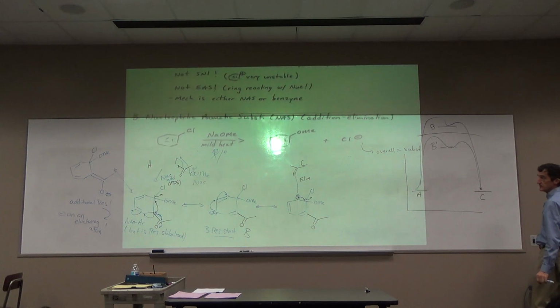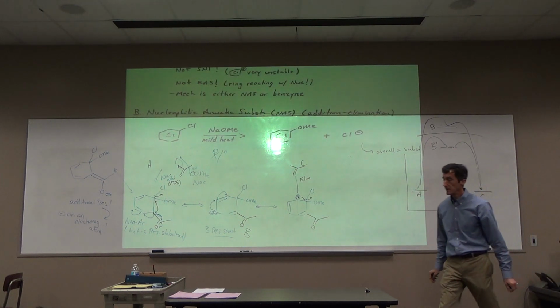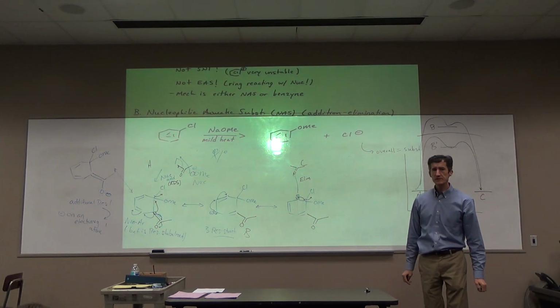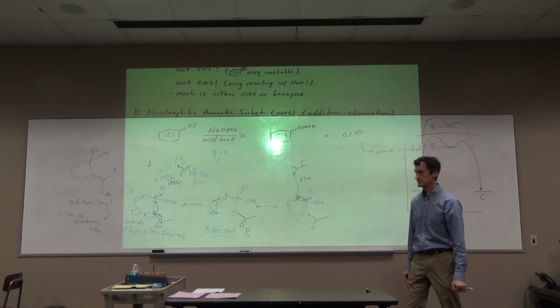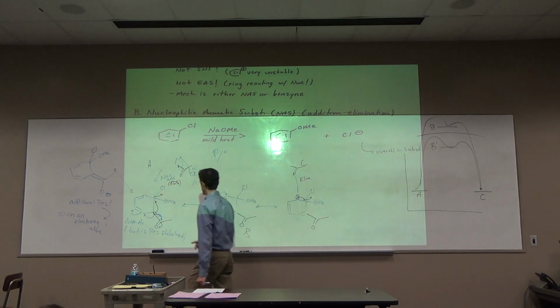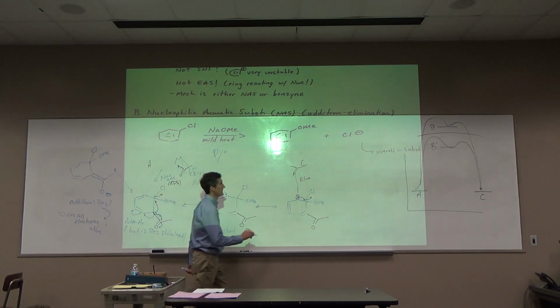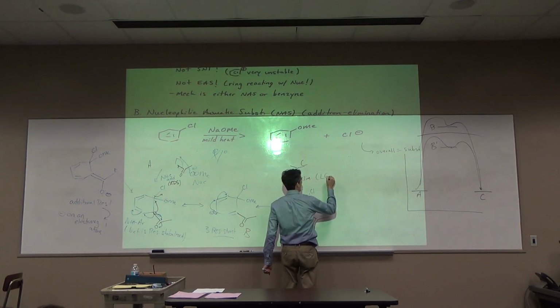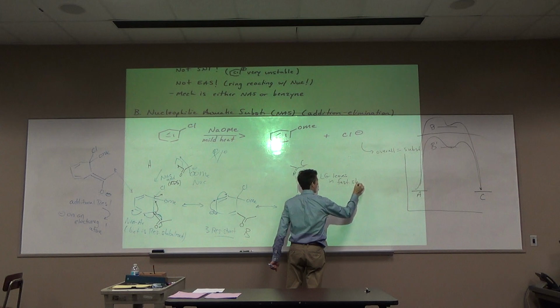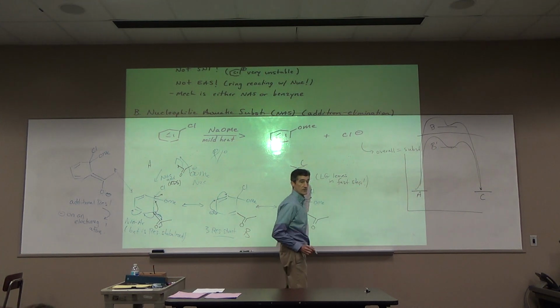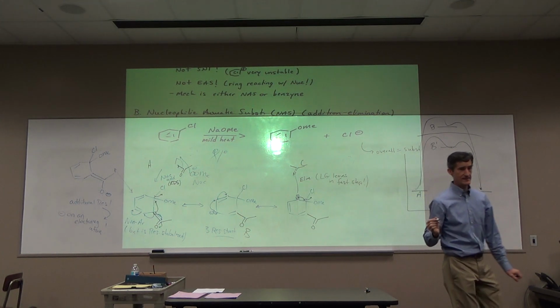Before you look down here, question. Does the leaving group leave in the rate determining step? No, it does not. Does everybody agree that the leaving group leaves in the fast step?